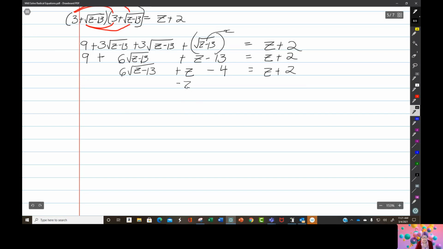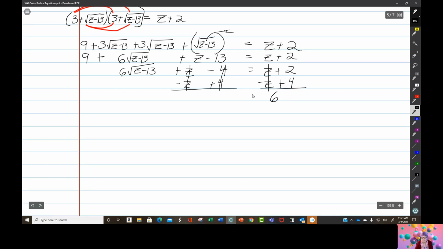Minus z, minus z, plus 4, plus 4. Z minus z is 0. Negative 4 plus 4 is 0 over on the left. Over on the right, z minus z is 0, and 2 plus 4 is 6.